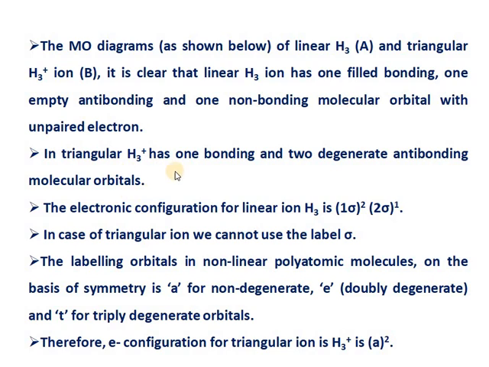But in the triangular H3 plus ion we find one bonding and two degenerate antibonding molecular orbitals. Therefore the electronic configuration for the linear ion of H3 is 1 sigma 2 and 2 sigma 1. But in the case of the triangular ion, we cannot use the label sigma.